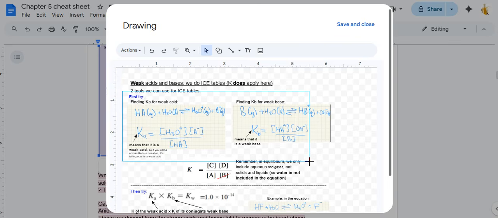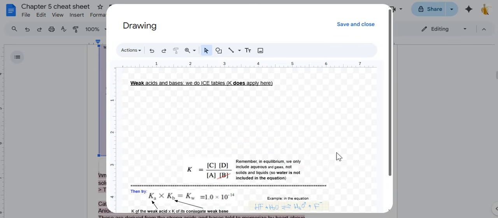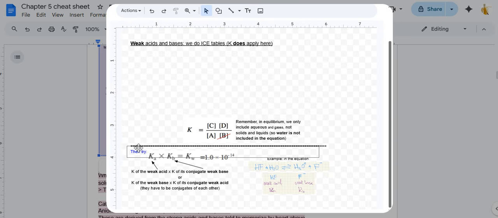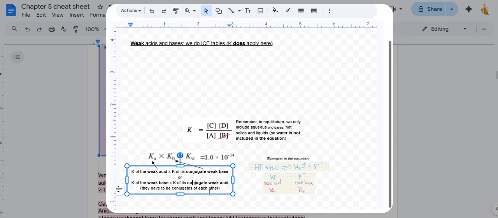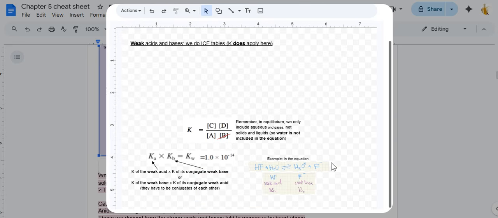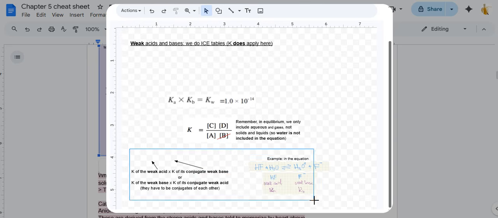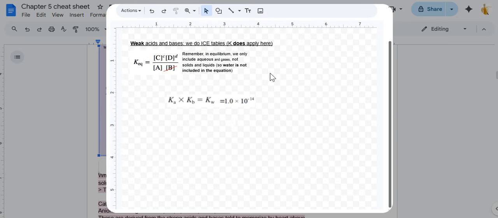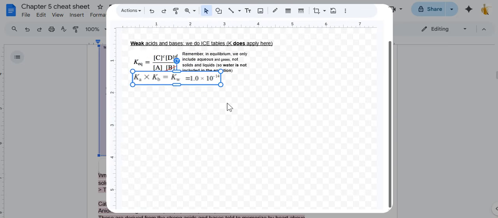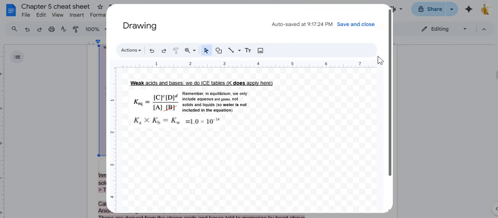I know I can use this equation and this equation. So I can delete all this, only keeping what I think I should still know.